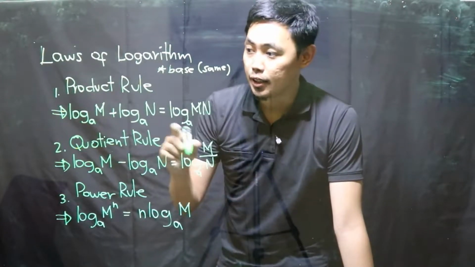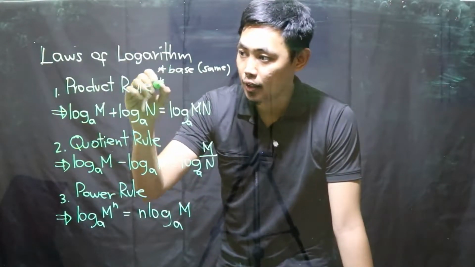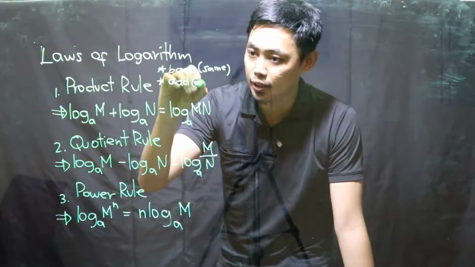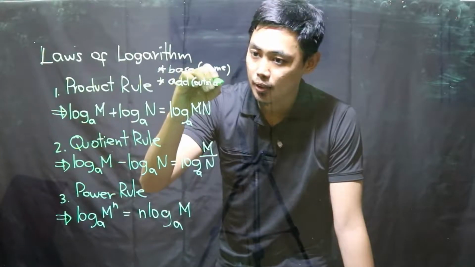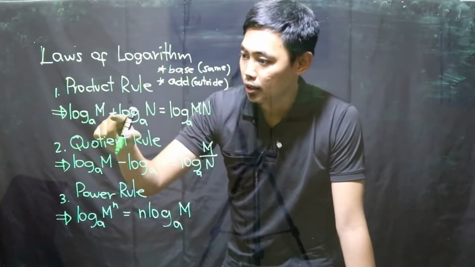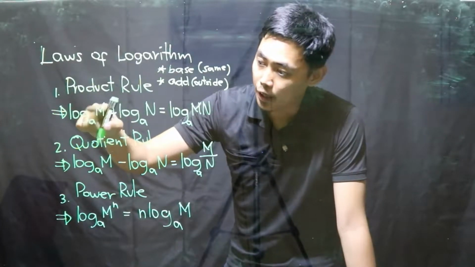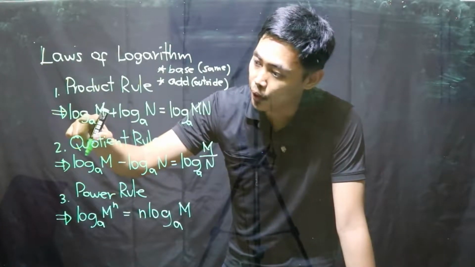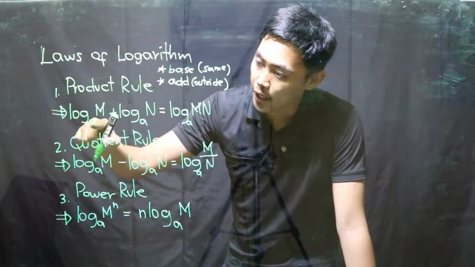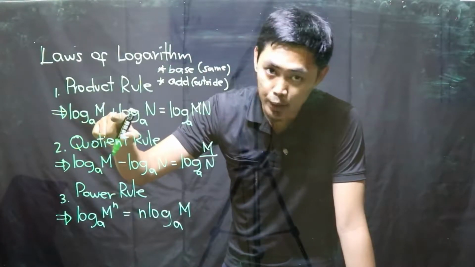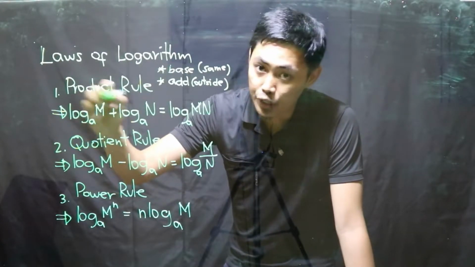So, the small numbers at the bottom are the same. Okay. Second, the product rule is add on the outside. Outside means outside of the logarithm expression. For example, logarithm base a of m plus, meaning the plus symbol is outside the logarithm.